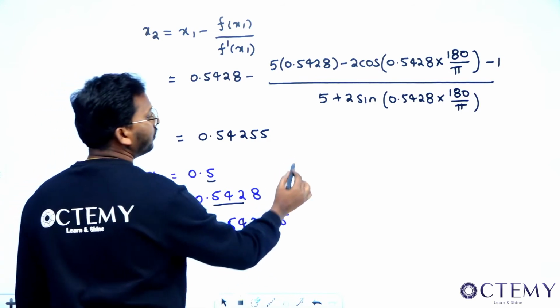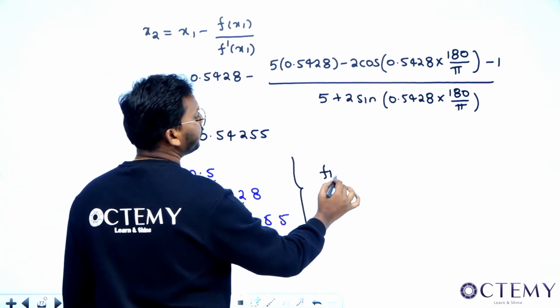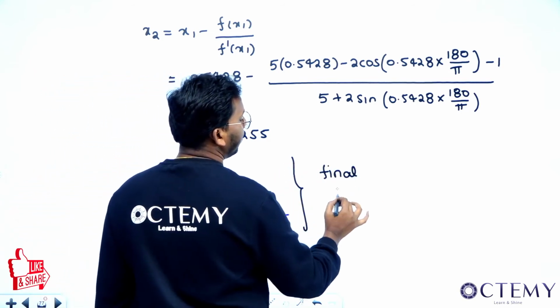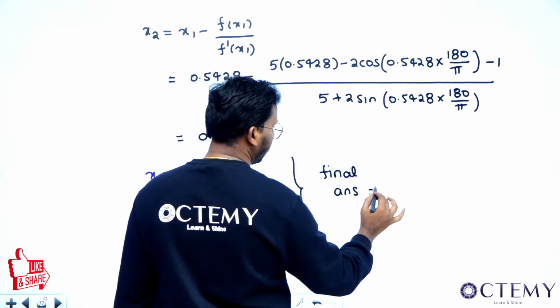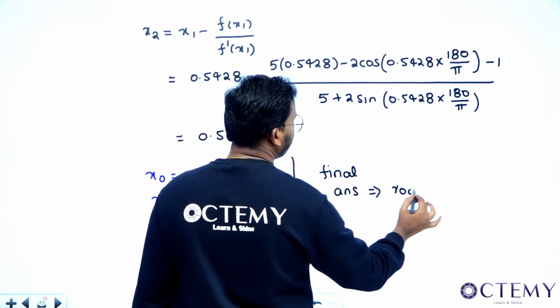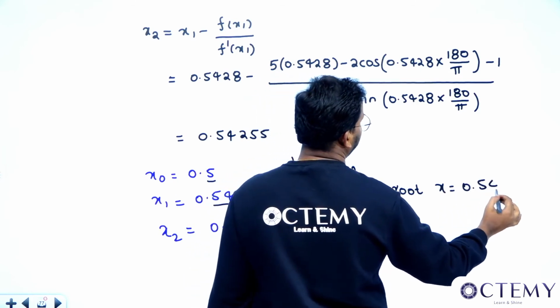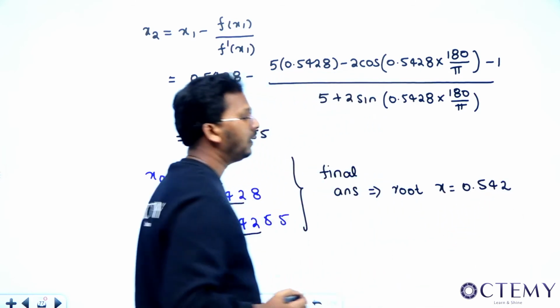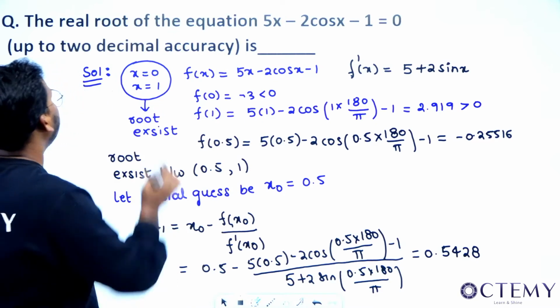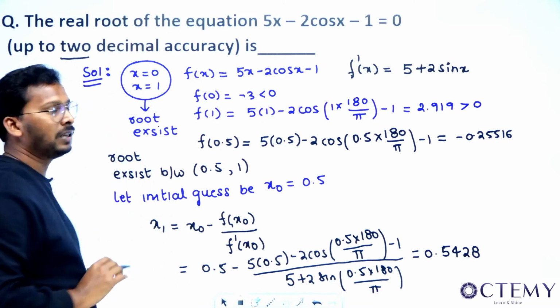So what is the final answer for this? The final answer is root x is equal to 0.54. 2 decimals you can also write. He asked only for 2 decimal accuracy, but we have shown 3 decimal accuracy.